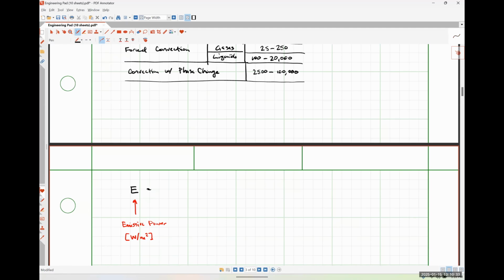This is going to be equal to lowercase epsilon, which is not permittivity. So this is the radiative emissivity, which is effectively a scaling factor that ranges from 0 less than or equal to epsilon less than or equal to 1.